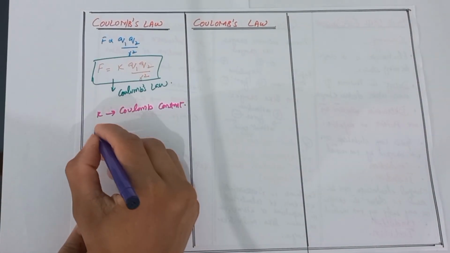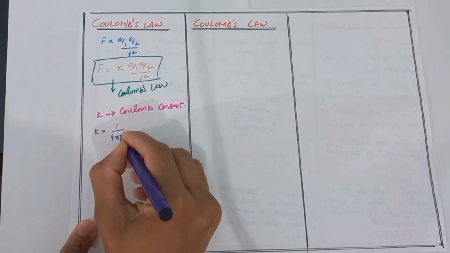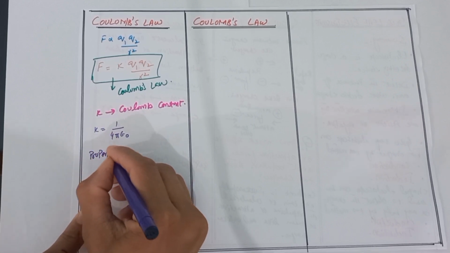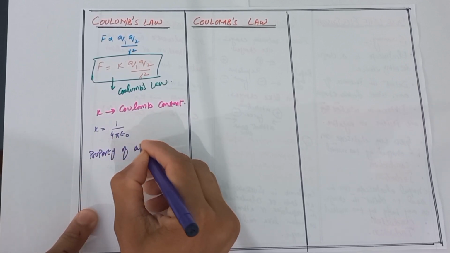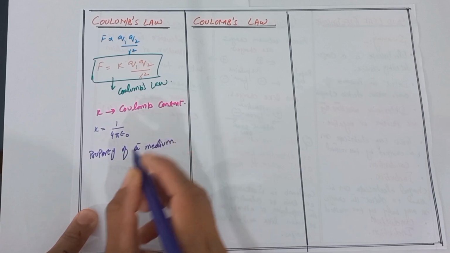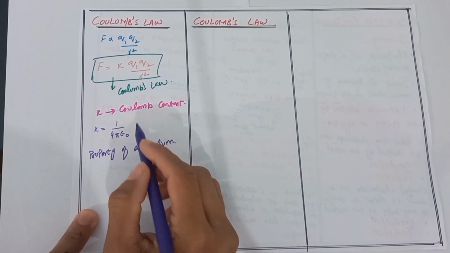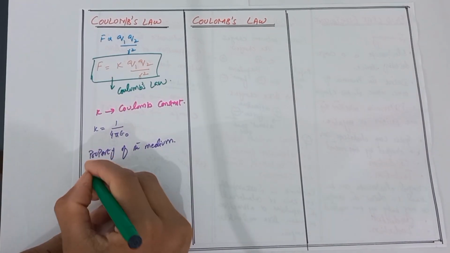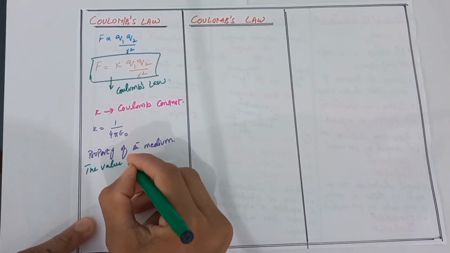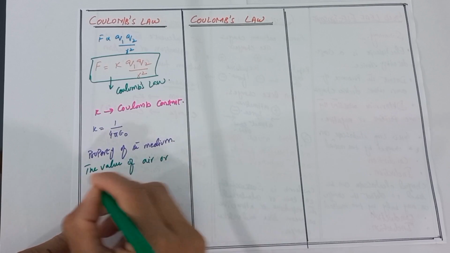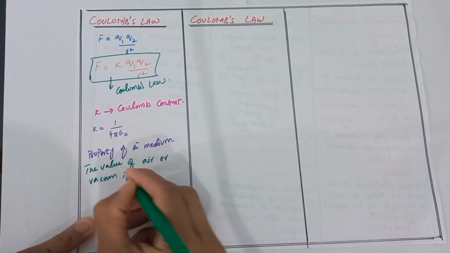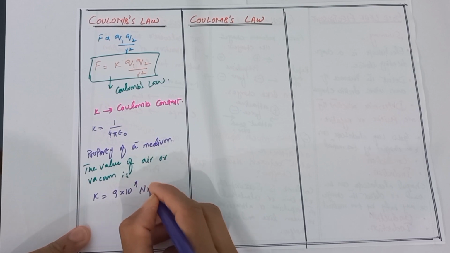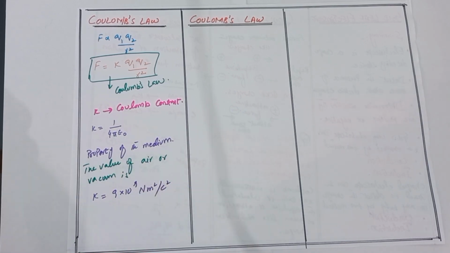The value of K is equal to 1 upon 4 pi epsilon naught. Remember that K is actually a property of the medium. Here we take the medium as air or vacuum, where K is approximately 9 into 10 to the power 9 Newton meter square per coulomb square.